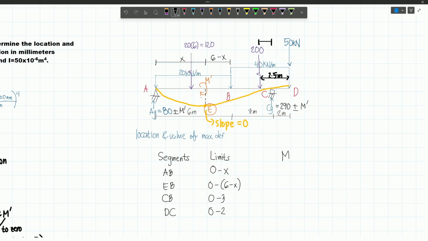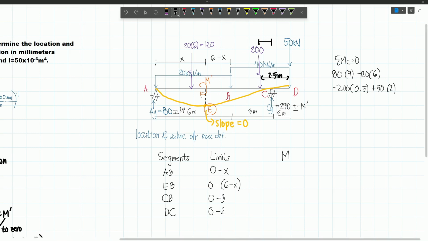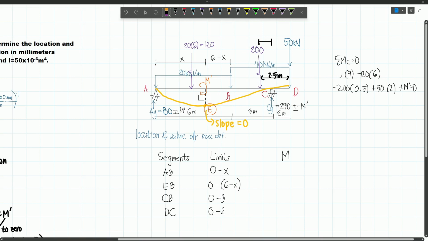So, again, let's take moments about C. Diba? That will be 80 times 9 minus 120 times 6, and then minus 200 times 0.5, and then plus 50 times 2. And then don't forget na merong plus M prime because this is a clockwise moment, so plus M prime. Now again, this is Ay.